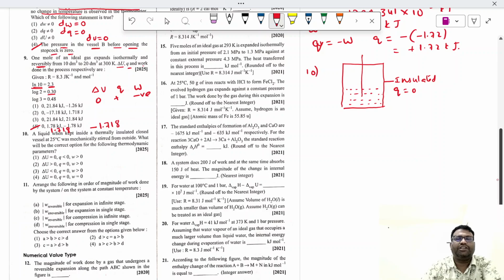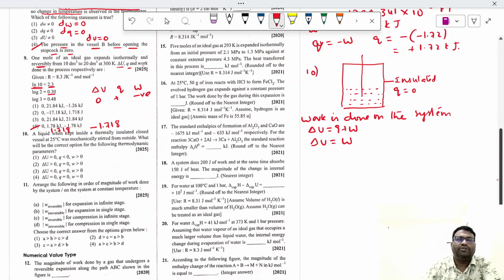When you are stirring, there is some work done. The liquid is not doing work; the spoon is doing work on that liquid. That means work is done on the system. So from the first law of thermodynamics, delta U is equal to Q plus W. Q is equal to 0, so work done is positive, delta U is also positive.